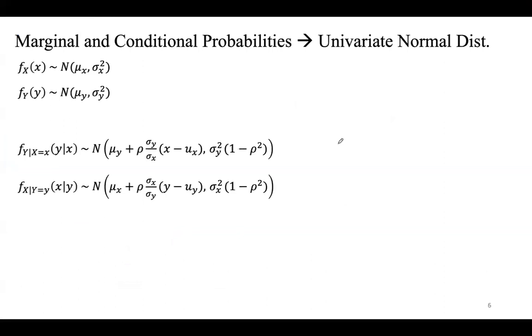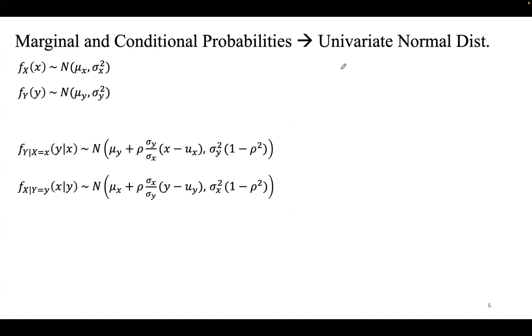The other thing, which is a little bit complicated, involves the concepts of marginal and conditional probabilities. If you integrate over one of the two variables and do away with that variable, you just have one variable left, so it becomes a univariate distribution.